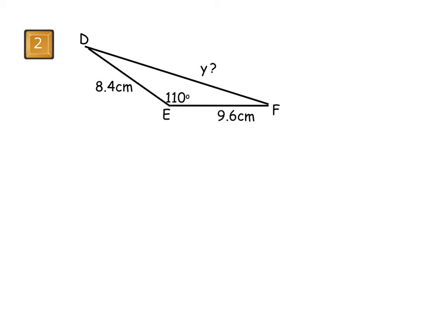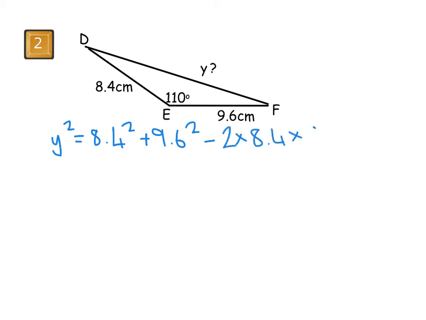We want angle E. So we're using the other two sides. So we're going to say that y squared this time. It could be whatever letter it happens to be. I could use little e as well, but my question said y, so I'm going with that. So it'll be y squared equals 8.4 squared plus 9.6 squared minus 2 times each of those numbers times cos of your angle, which is 110.